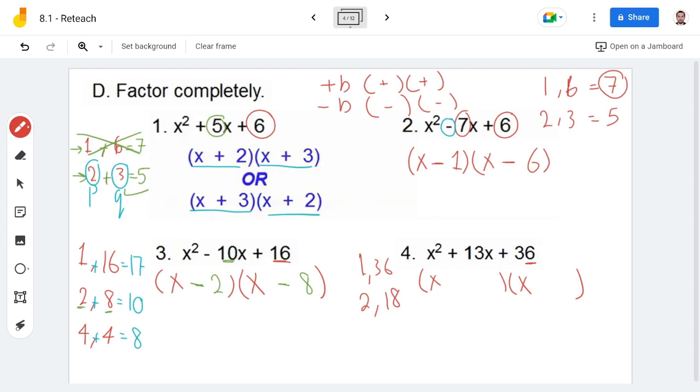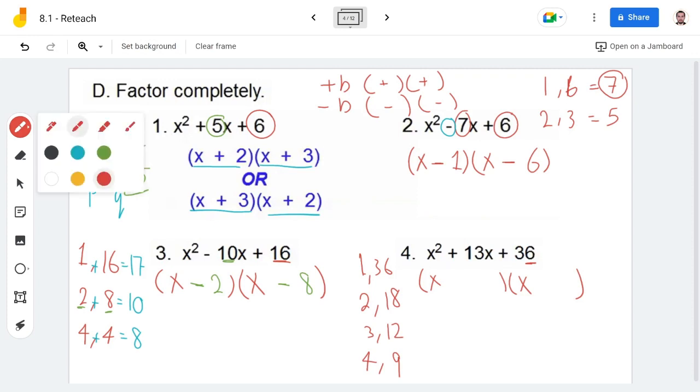Also 36 divided by 3 is equal to 12, so 3 times 12. Also 4 times 9. Okay, what else? Do we have more? I think that's it. If there is, it's fine.